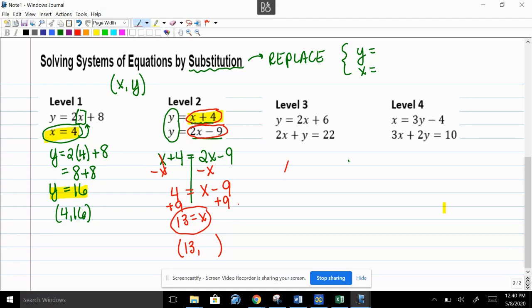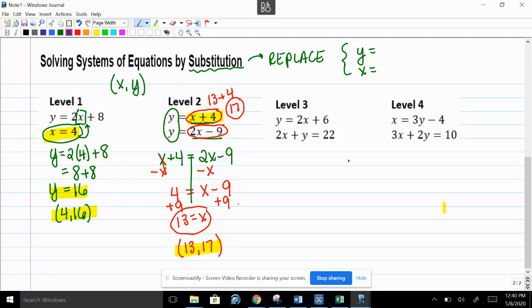So if I put x into there, it would be 13 plus 4, which would be 17. So my y value is 17. So my answer there is 13 comma 17. My answer there was 4 comma 16. Okay, dialing it up to level number 3. Okay, here's where it starts to get a little more challenging.